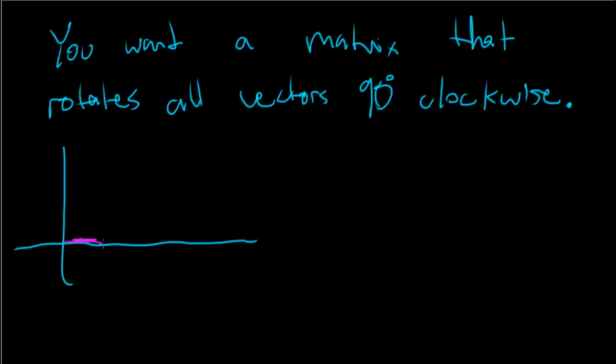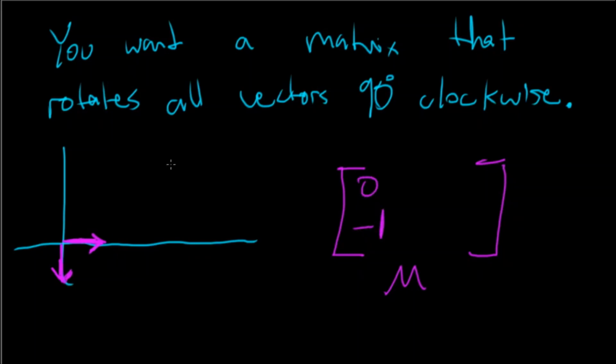So let's say I have the vector 1, 0. A 90 degrees clockwise rotation goes here. So I want a matrix that rotates 90 degrees clockwise. I'm going to call that matrix M. What's the image of 1, 0? 0, negative 1. What is the image of 0, 1? 1, 0.